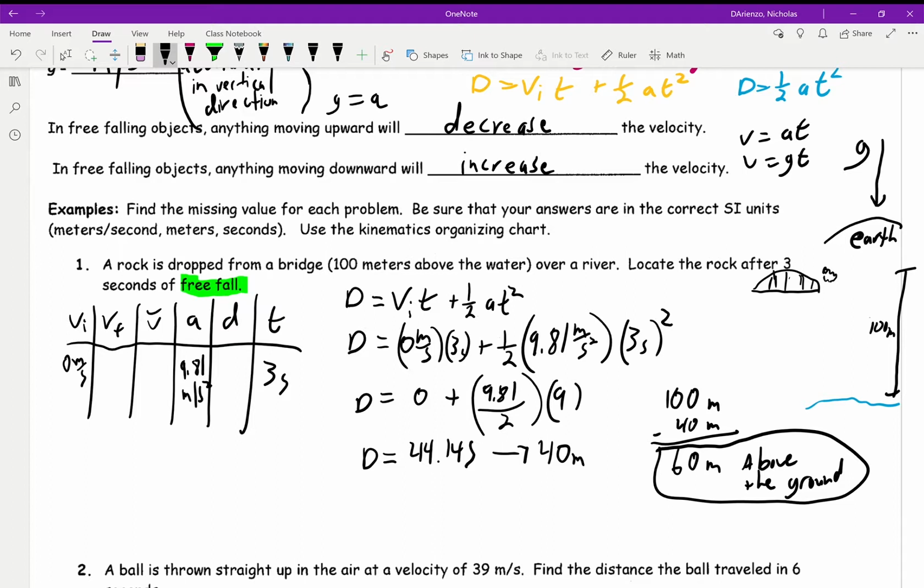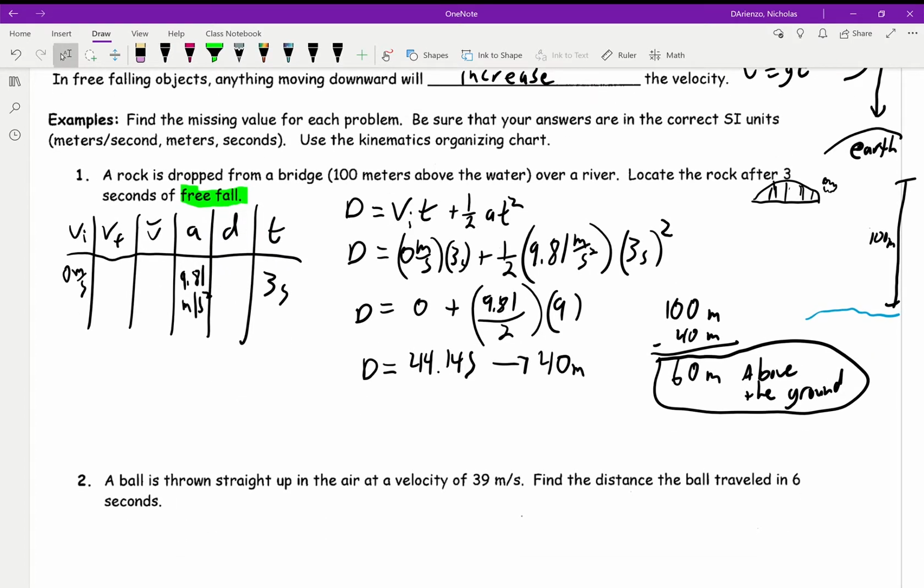If we wanted to here, which, yes, I want to, determine our final velocity, we're going to use a different equation. I'll do this in green here. To find the final velocity, we can take our initial velocity plus our acceleration times time.